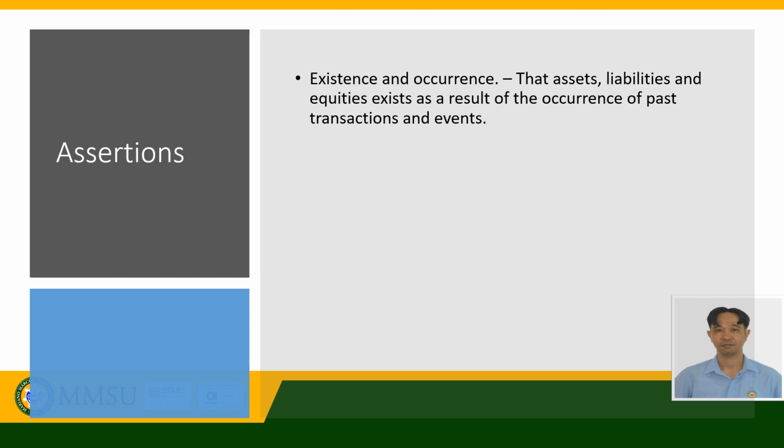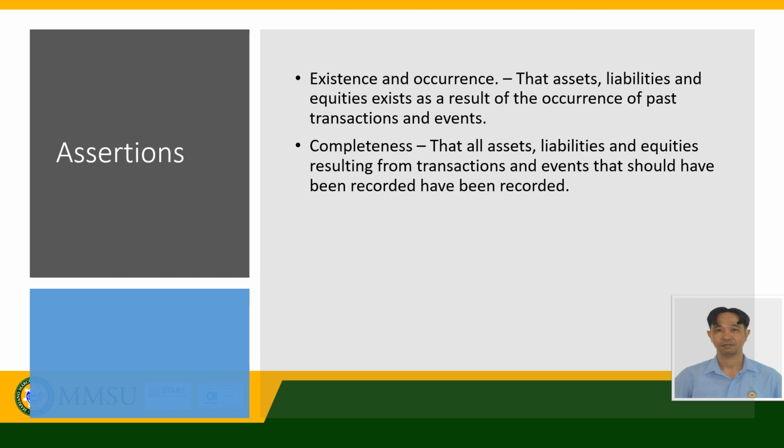Una, existence and occurrence, that the assets, liabilities, and equities exist as a result of the occurrence of past transactions and events. Ibig sabihin, nangyari yung transaction at nagkaroon ng asset, liability, and equity dahil sa pangyayaring ito.